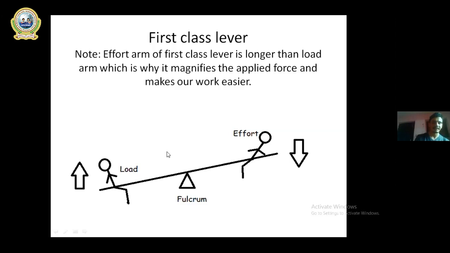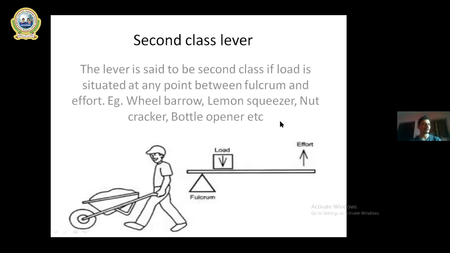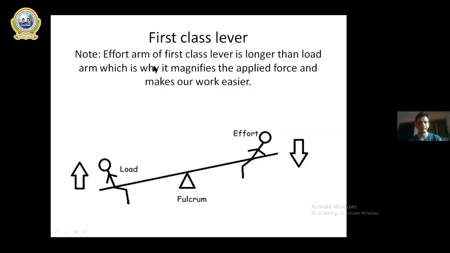In first class lever, effort arm means effort distance. Effort arm is always greater than load arm. Keep it in mind that effort arm is always greater than load arm, which is why it magnifies the applied force. What does it do? It multiplies the force.